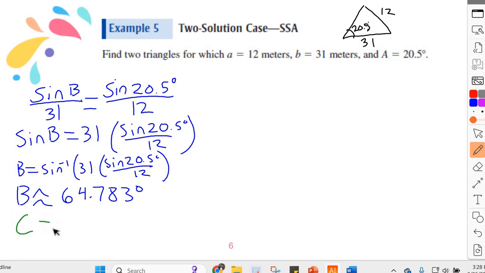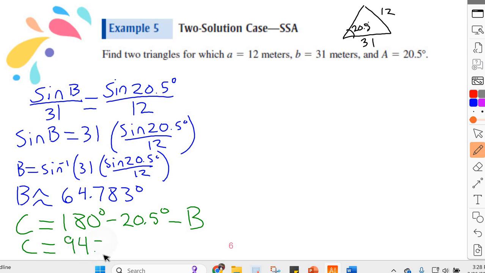C. So we can take 180, subtract our A, and subtract our big B that we just found. So we get that big C equals 94.717 degrees. Yep. Okay.